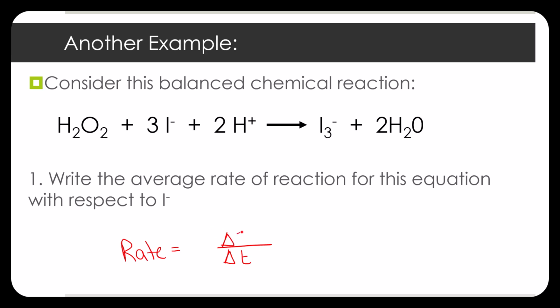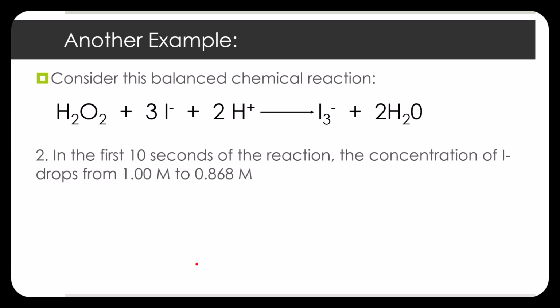We're going to have change in concentration of iodine on the top. Iodine, is it a reactant or a product? It's a reactant, so we'll have to put that negative there. And then our iodine has a coefficient, so we don't want the rate per 3 moles, we want the rate for 1 mole. So we're going to divide this by 3 or multiply it by 1 over 3. So that's our equation for the average rate with respect to I.